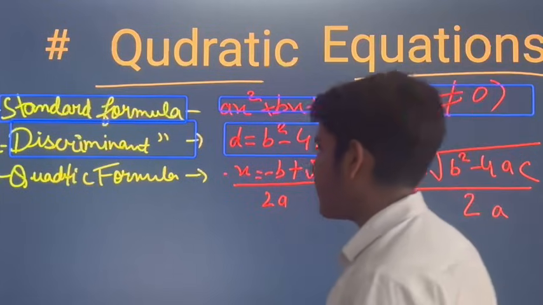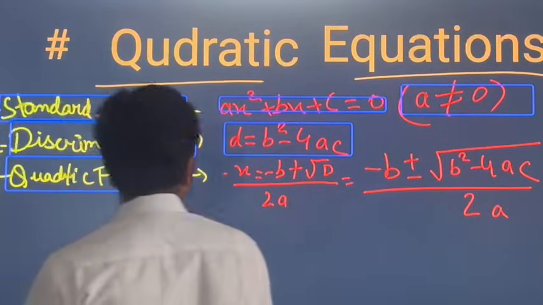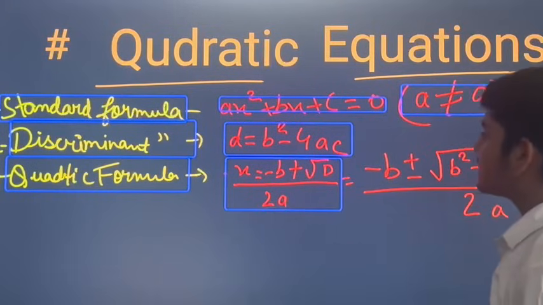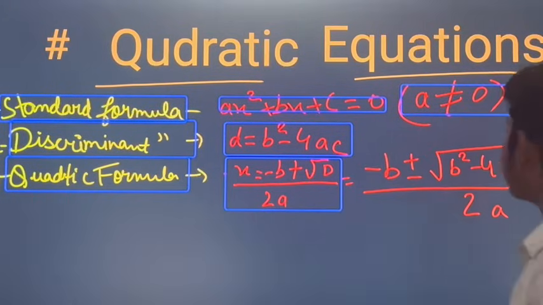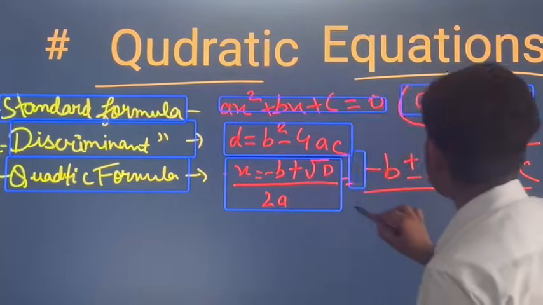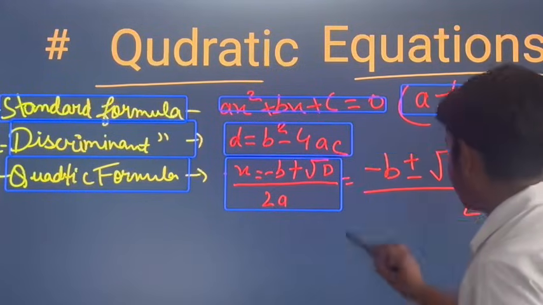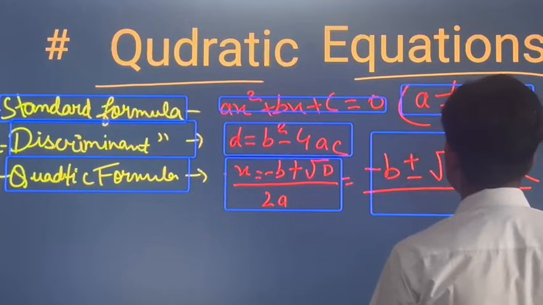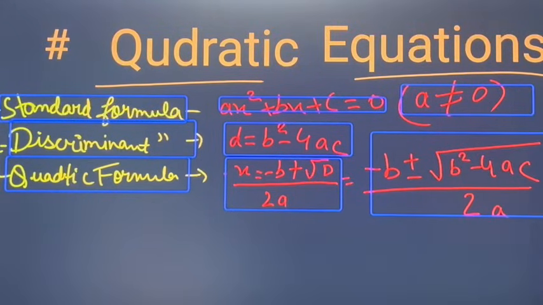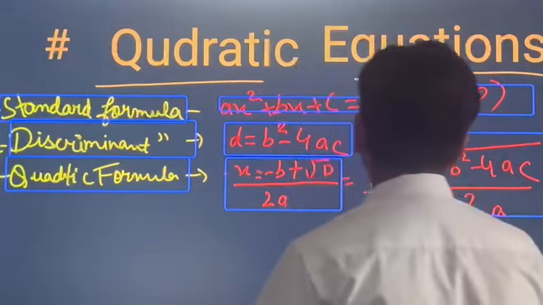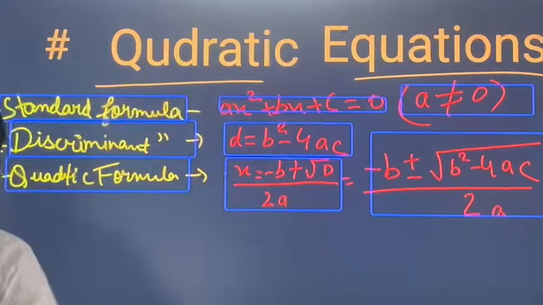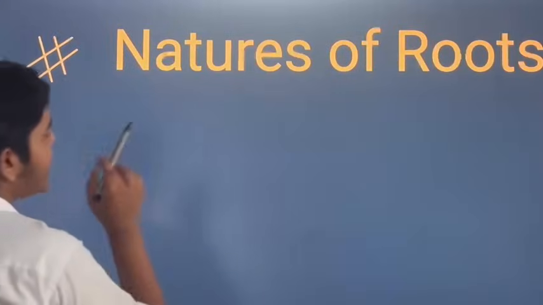And last, the quadratic formula is x is equal to minus b plus root d upon 2a, and solving this briefly, minus b plus minus root b square minus 4ac upon 2a. This is the quadratic equation format. In quadratic equation there were two things: one is the quadratic equation and next is the nature of the roots.